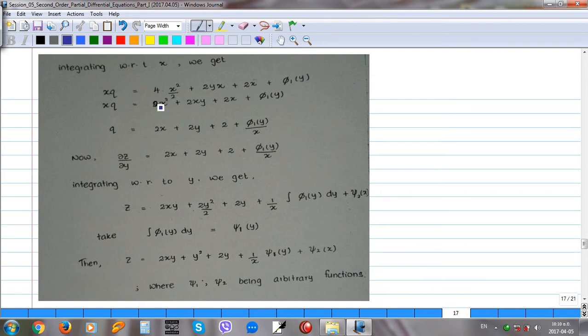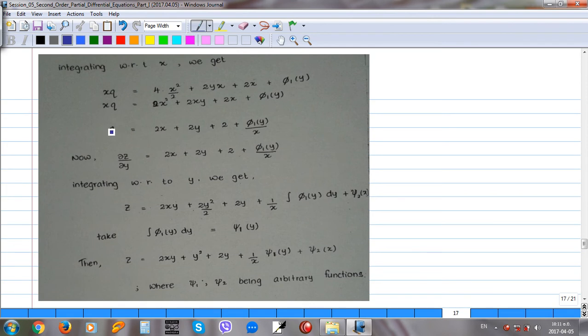So you can simplify further. x times q equals 2x squared plus 2xy plus 2x, then a constant. Then I am dividing this whole equation by x. Then here only q remains, and the x is cancelled there. Then here 2y remains, then this x is cancelled, then 2. Then finally here phi 1(y) over x.